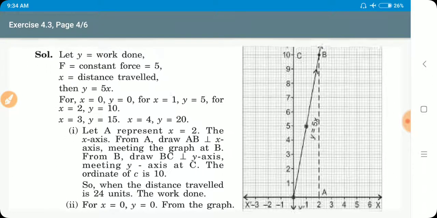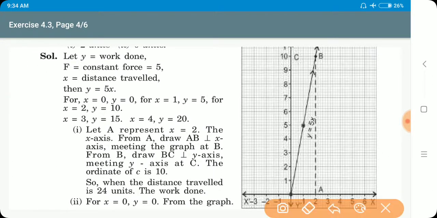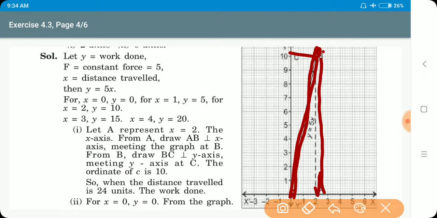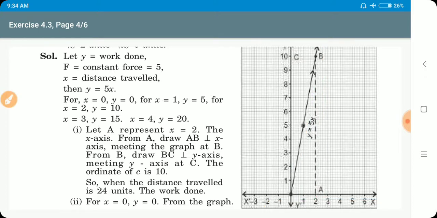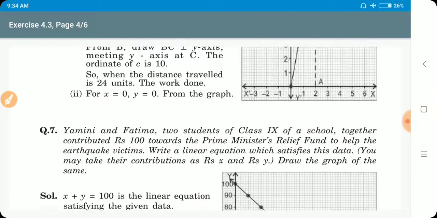When x is equal to 0, y is equal to 0. So you can join these two points, and this will be the line. Okay, I think you have got it.